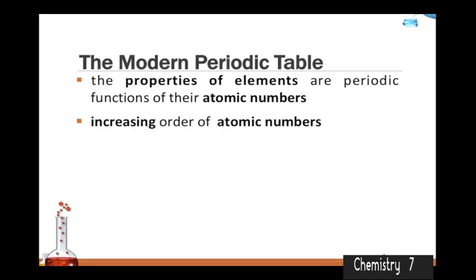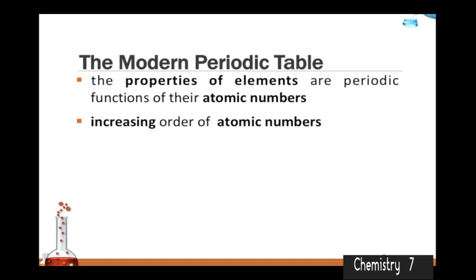In the modern periodic table, the properties of elements are periodic functions of their atomic numbers. They go in increasing order of atomic number. This means elements are arranged in the increasing order of their atomic numbers. Therefore, elements having similar properties will fall in the same group and column.